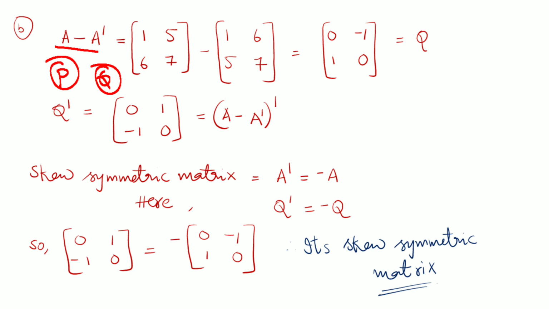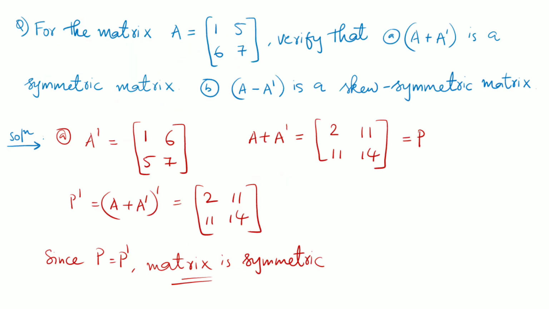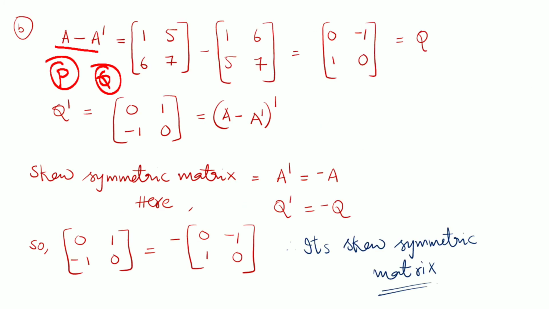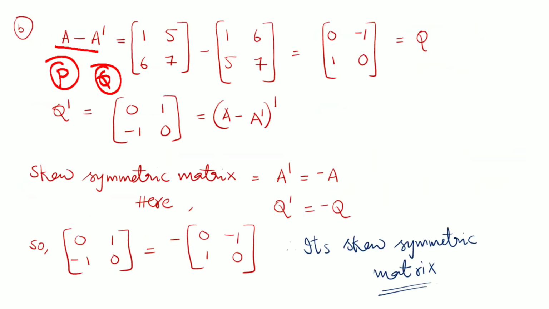You know that for skew symmetric matrix, the condition is A dash is equal to minus A. In this case, it will be changed to Q dash is equal to minus Q. Then you have to check whether these two matrices' entries are the same.